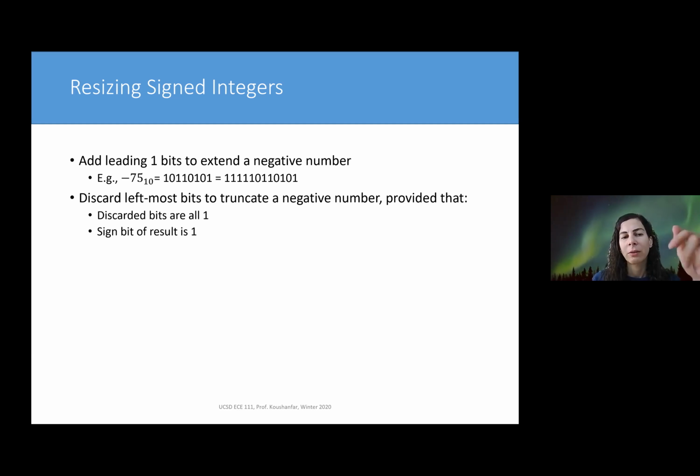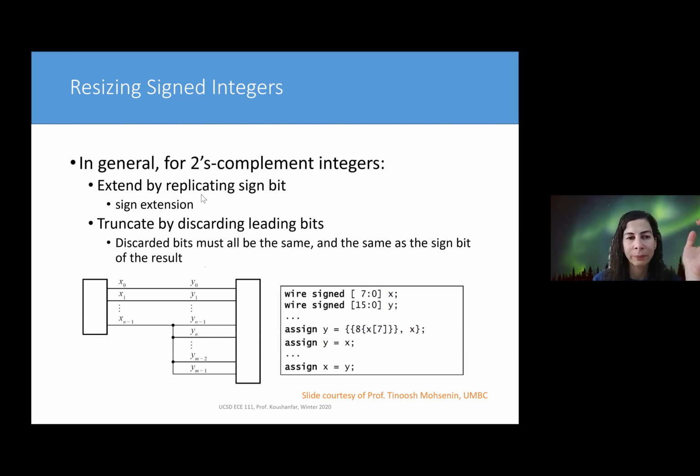So if we have, for example, this minus 75, and we are trying to extend that further to 12 bits, we have to have leading ones. And if you're truncating, you have to make sure you keep the sign bit. If you don't want to get an error, you need to make sure that the leftmost bits you truncate from a negative number are all 1.